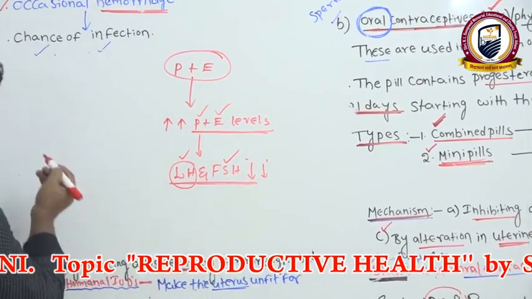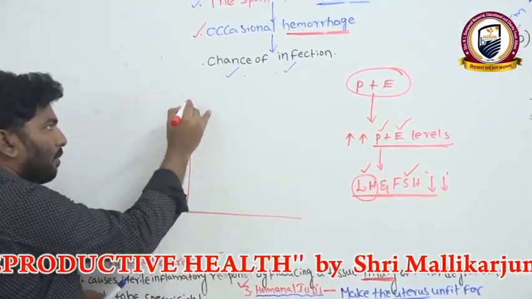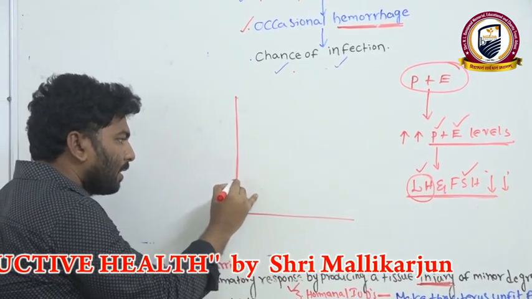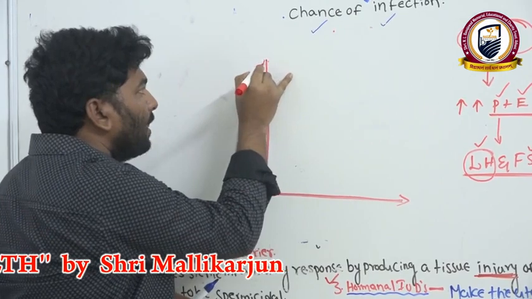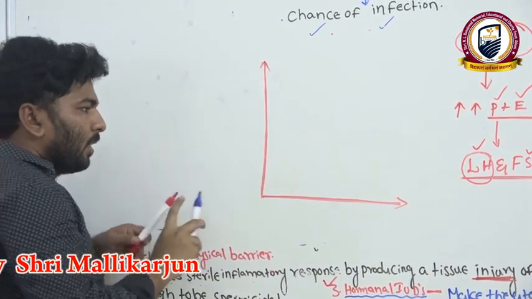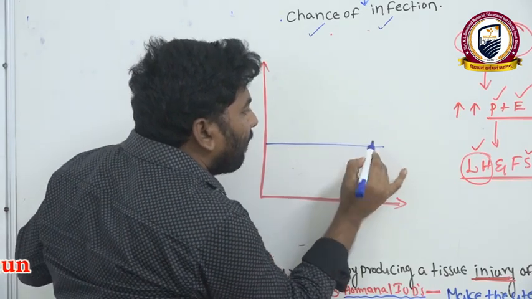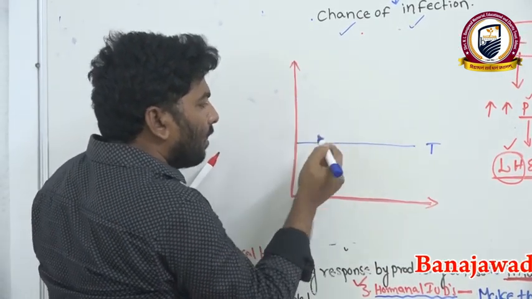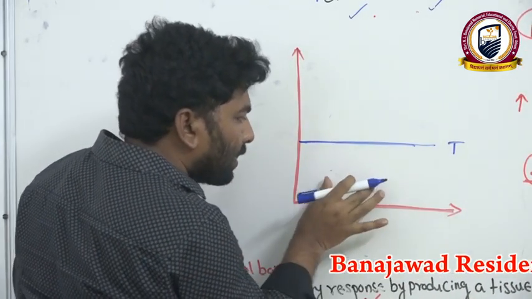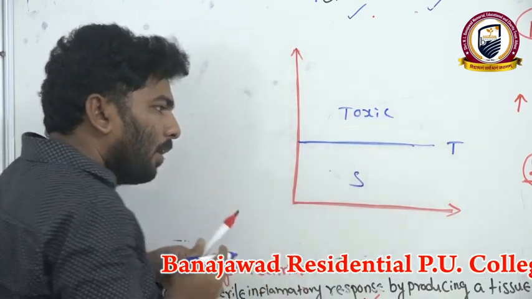For example, what happens in the body when a tablet is missed? If you take a graph, this is the therapeutic level, this is the subtherapeutic level, and this is the toxic level.